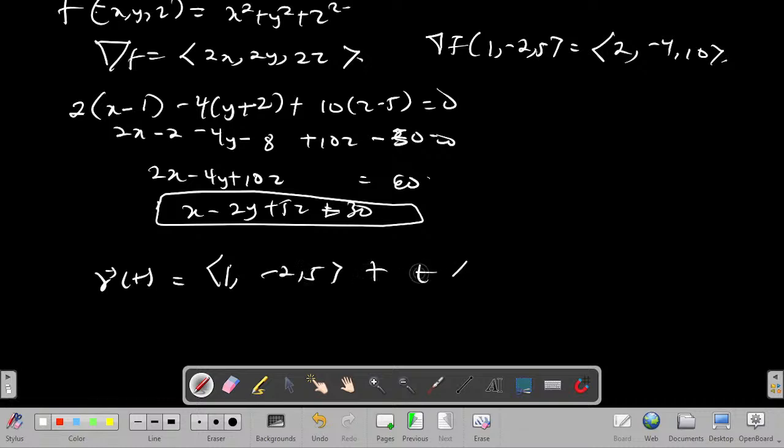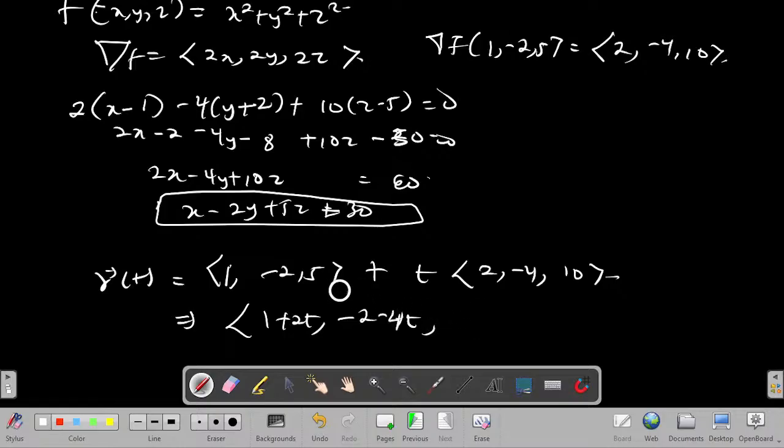Plus t multiplying our gradient vector at that point, which is 2, -4, 10. So here what do you have? Our vector equation equals 1 plus 2t, -2 plus -4t, 5 plus 10t. And that is all for this.